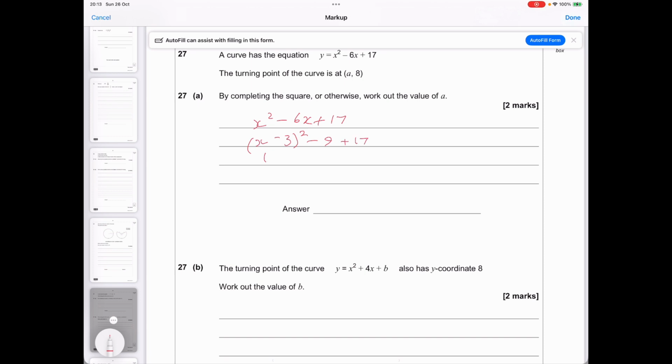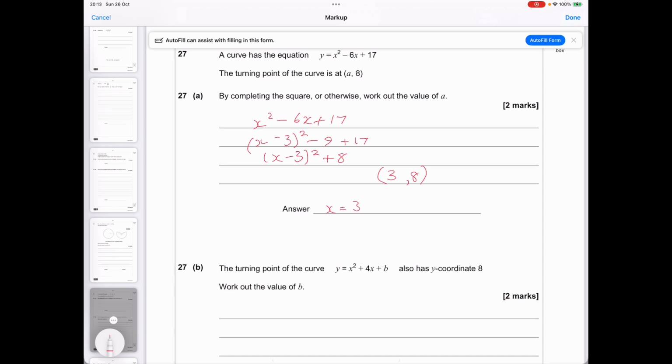And so that should give us (x minus 3) squared, plus 8. So that is indeed going to give us (3, 8). So the answer is a equals 3, the x-coordinate for the turning point equals 3.